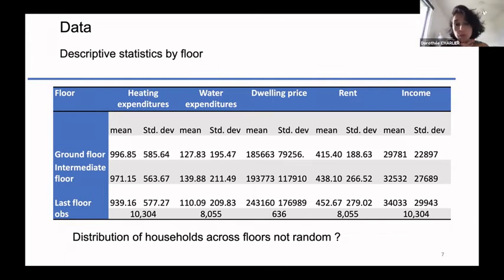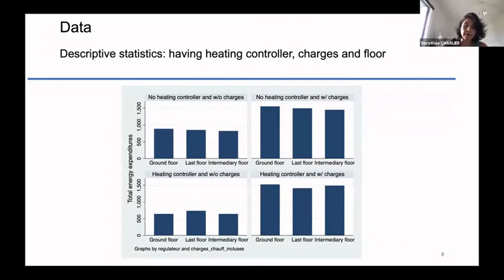So we want to see if this conclusion is due to heating externalities or to other factors. What I can also note in the descriptive statistics is the magnitude of heating expenditures according to whether charges are included or not in the utility contracts.